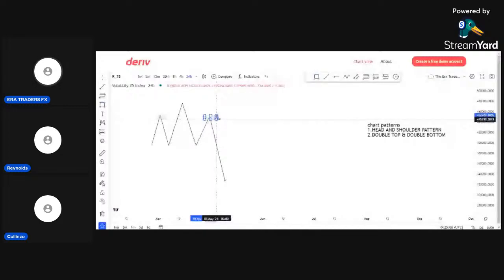So when this pattern occurs in the market, it tells us the market is going down. Over time, that's why it is called price action.